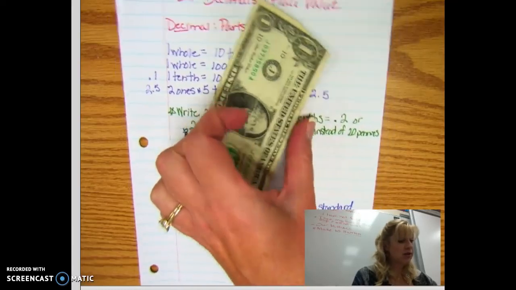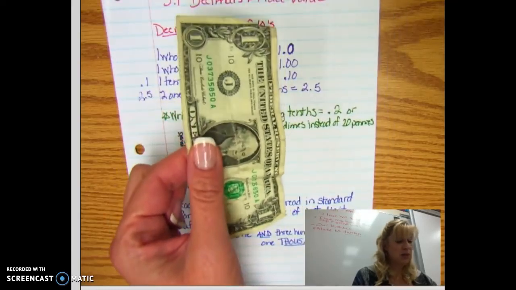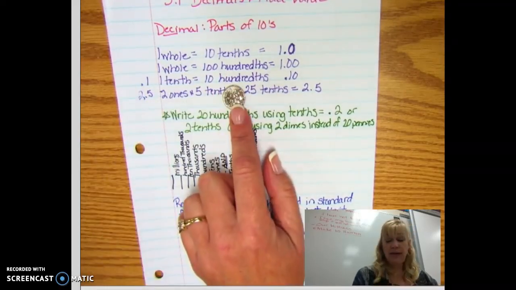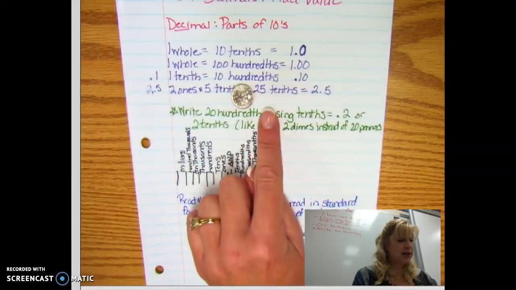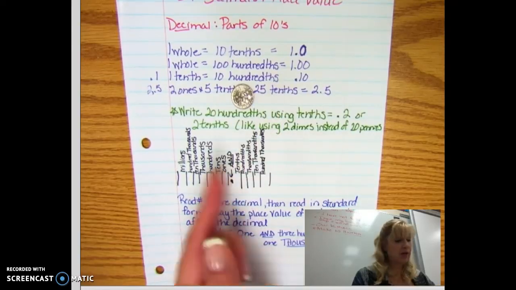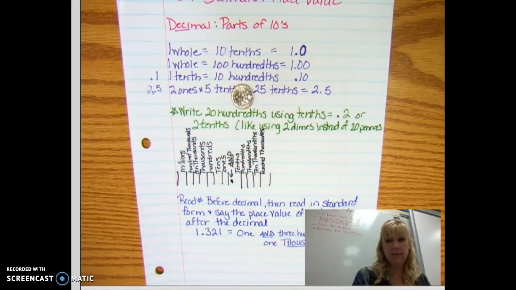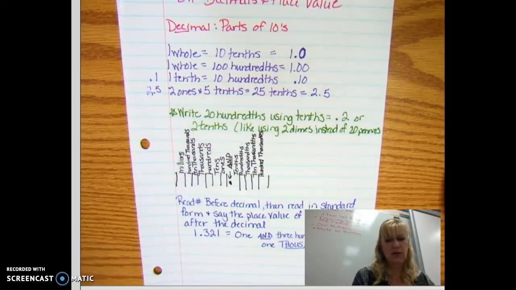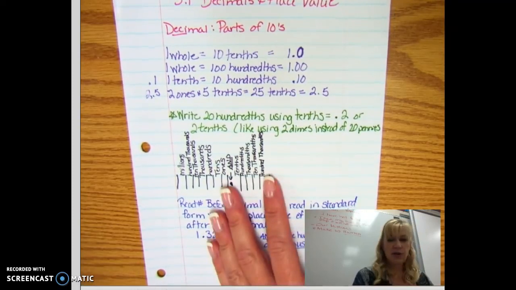I also could break these $1 bills into dimes and do 10 for $1, 10 for the other dollar, and then 5. So that would be a total of 25 dimes. A lot of kids have trouble with converting these, and I just want you to try to connect it with your ideas of money.